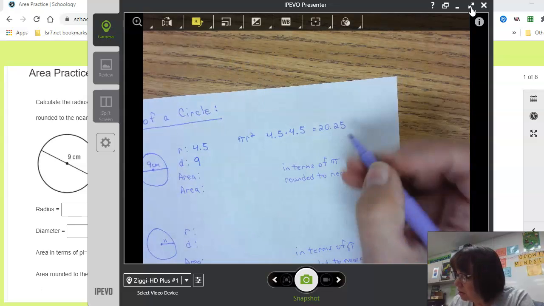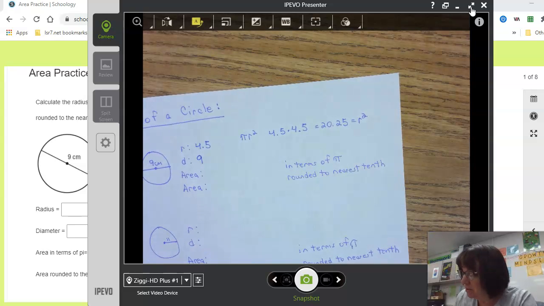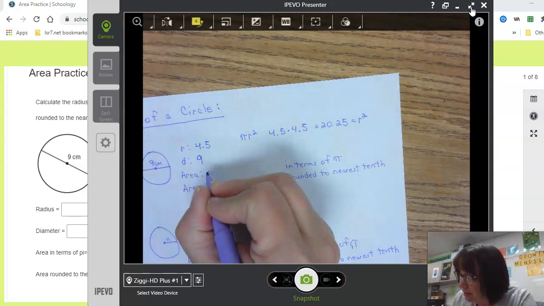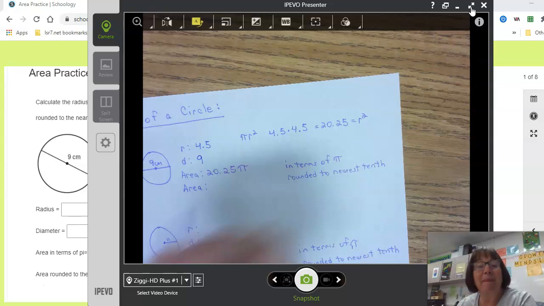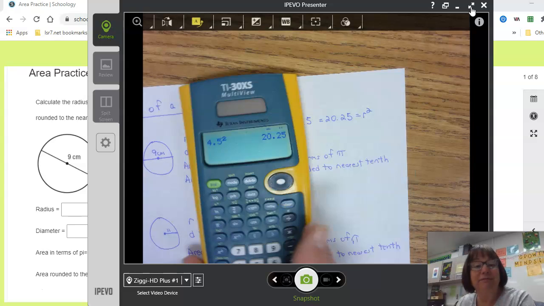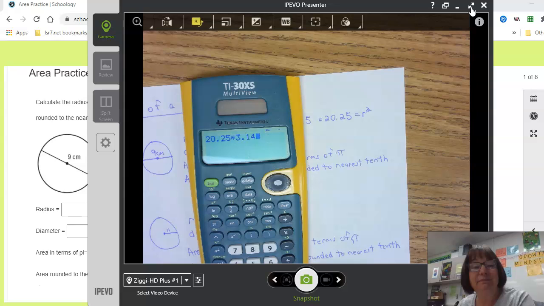So this is r squared, right? So in terms of pi, it's pi times r squared. So it'd be 20.25 pi. And then rounded to the nearest tenth, I'm going to take that 20.25 times pi, which is 3.14.